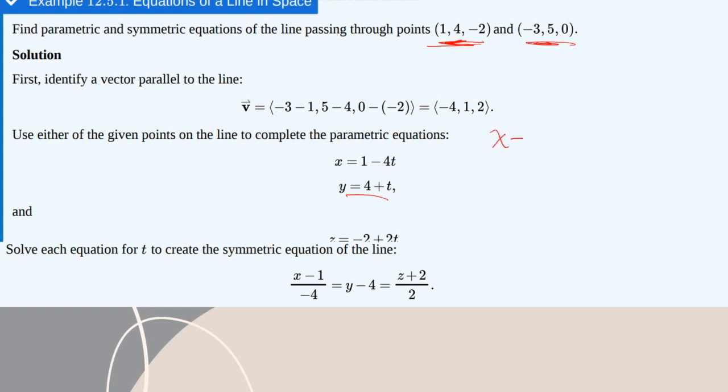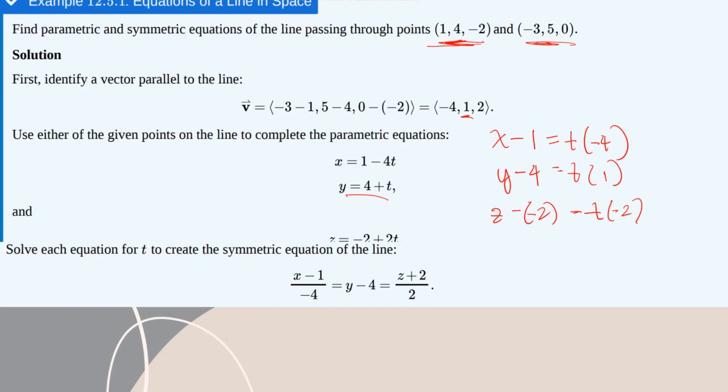Sa kay x sub o, pili lang man ka dire. Minus x sub o nimo is 1 equals t times the vector na negative 4. For your y minus 4 equals t times 1. Z minus negative 2 equals t times negative 2.